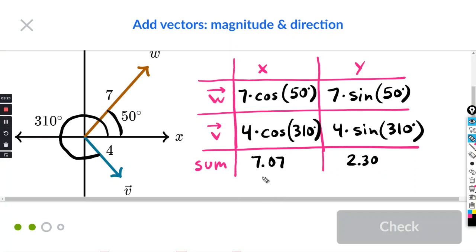So for the resultant vector, we're just going to use Pythagorean theorem. Okay, the x component is 7.07. The y component is 2.30. Okay, don't worry about positive or negative, because for the Pythagorean theorem, we're just going to square it.